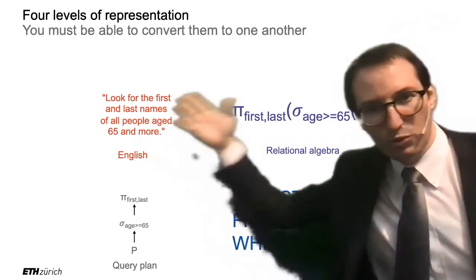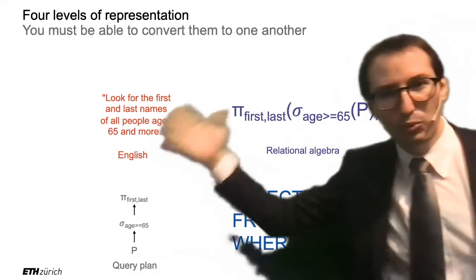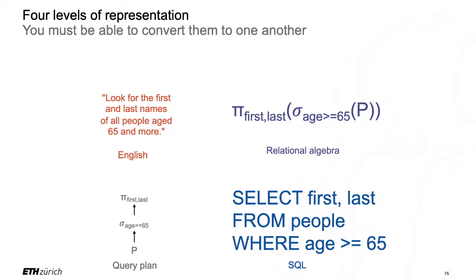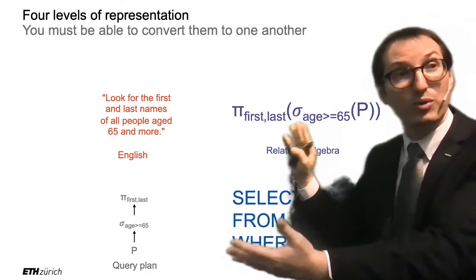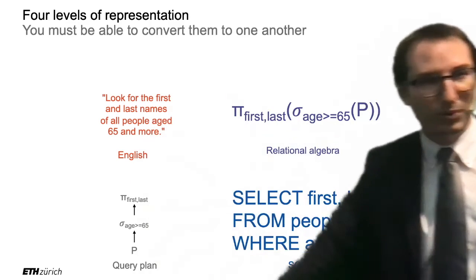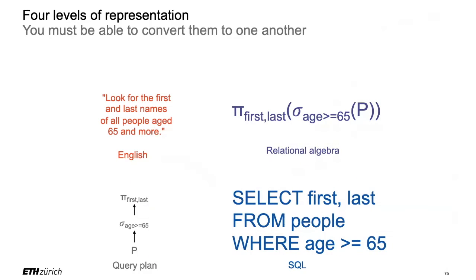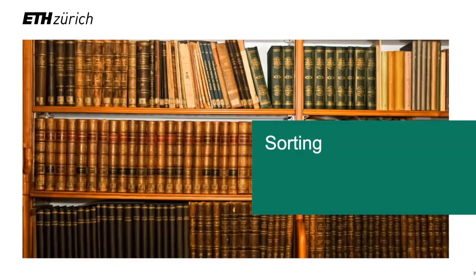So you see, you need to really be able to freely move around these 4 and be able to translate from one universe to another universe. Okay, so this is a very general explanation of what we expect from you. To be fluent at walking around in these 4 realms.